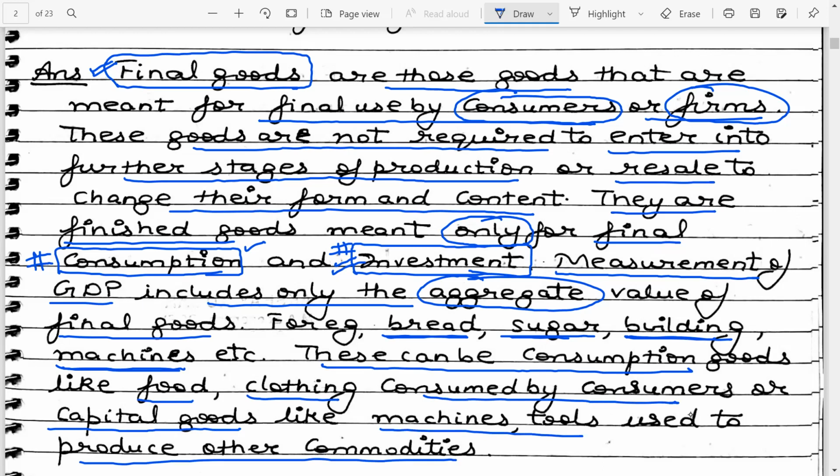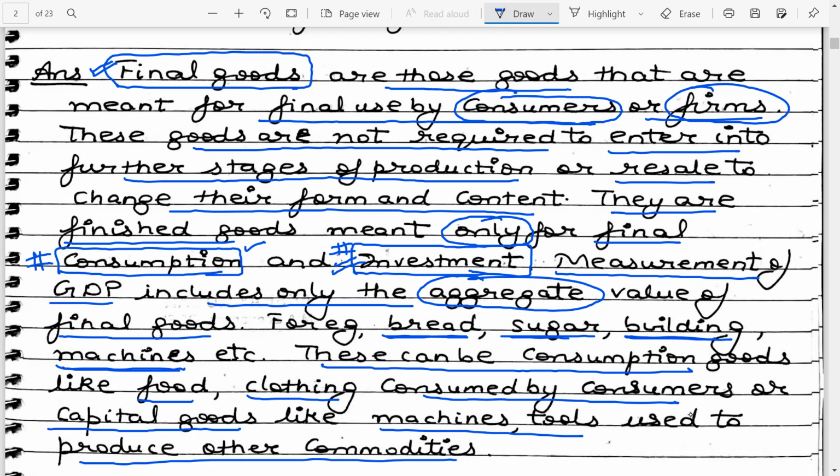So hoping students have understood what is meant by final goods. Those goods which are available for final use by either the consumer or the firms. Final goods do not transform from one stage of production to another. They are finished goods, and they are included in our calculation of national income.